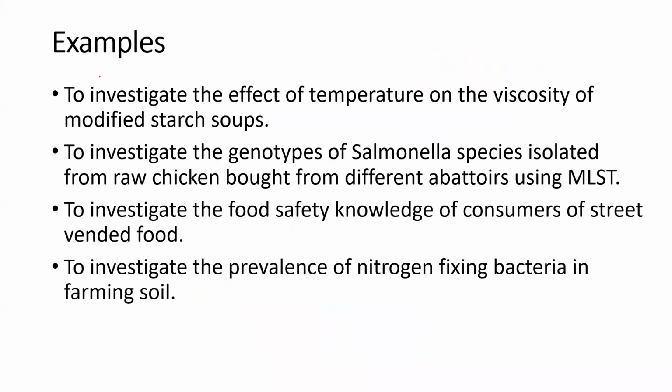The first example here would be to investigate the effect of temperature on the viscosity of modified starch soups. So the first thing that we need to do is to maybe identify our sample. If we can identify our sample, then the next thing is to identify the independent variable by looking at the groupings, how our samples can be grouped.